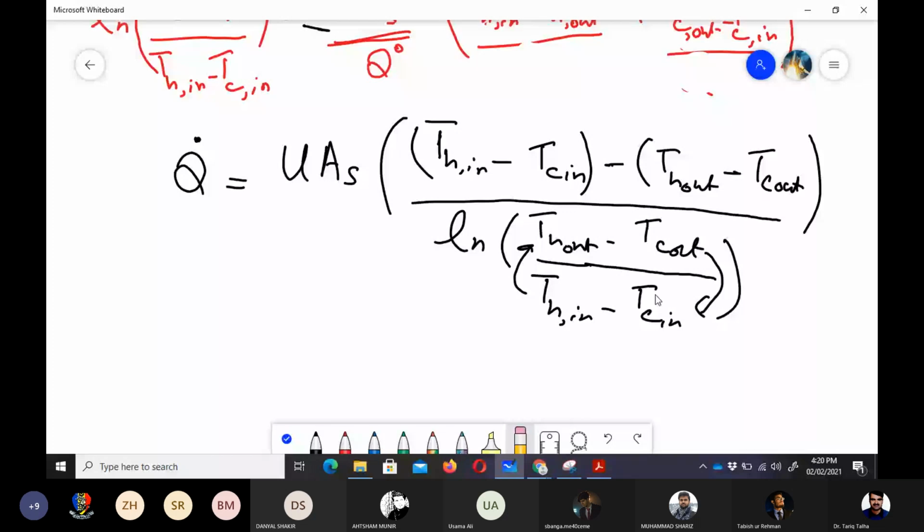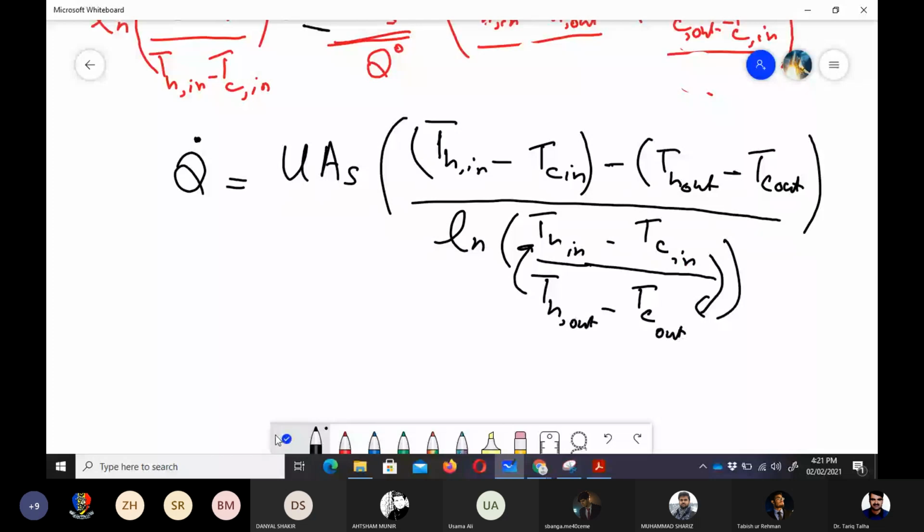Here it would be T_h in minus T_c in, and here it would be T_h out minus T_c out.